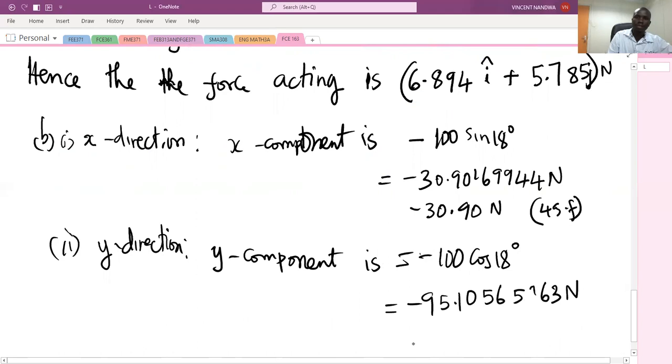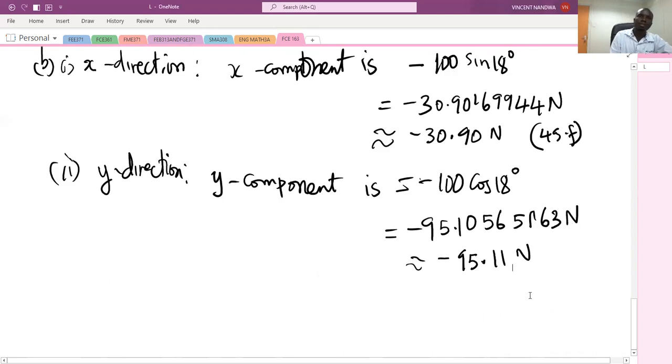To four significant figures, this is approximately negative 95.11 newtons. So therefore the force is given in the form Pi plus Qj.